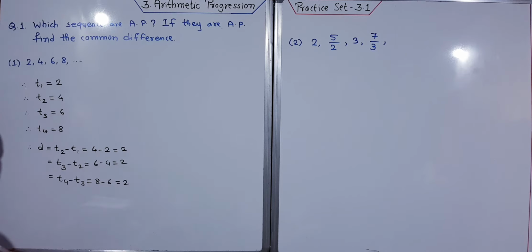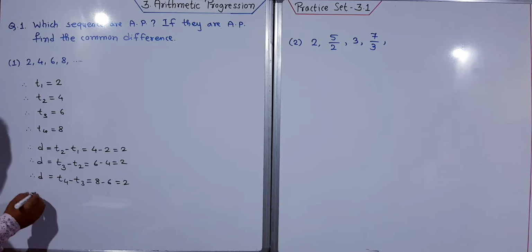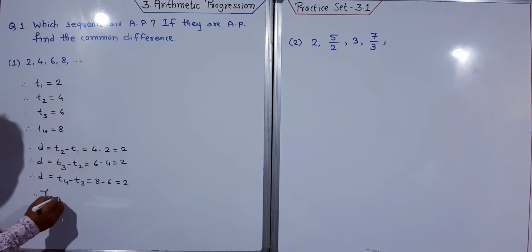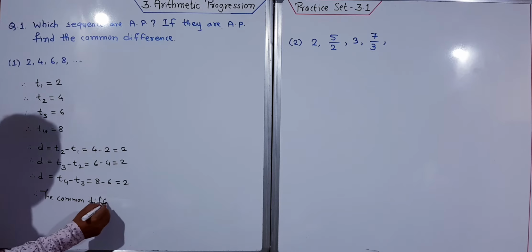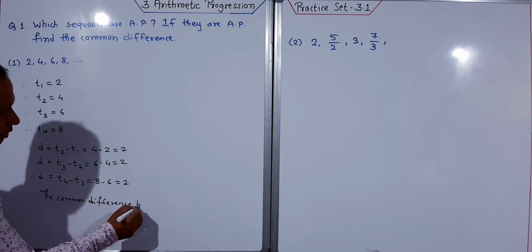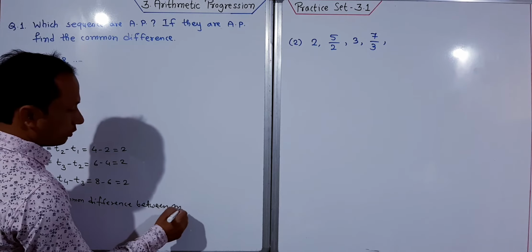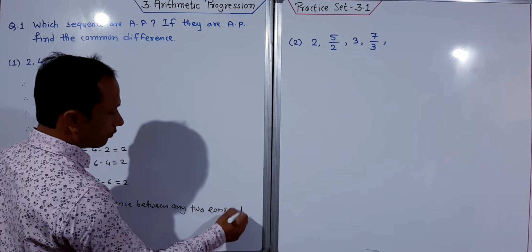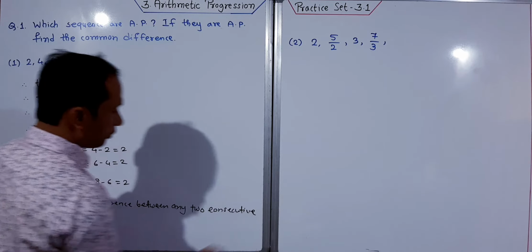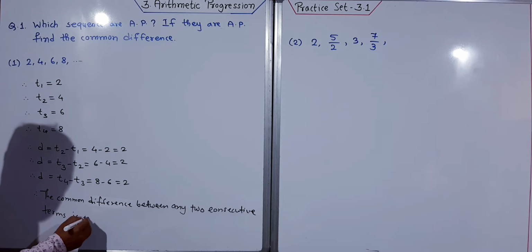Now see, this is D, this is D, therefore the common difference between any two consecutive terms is constant.